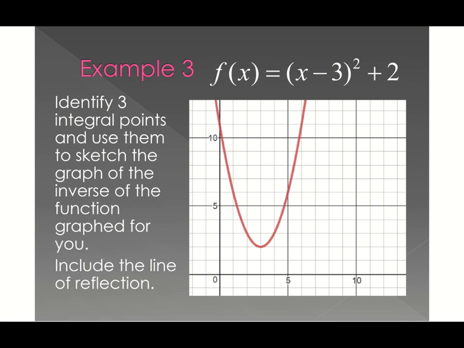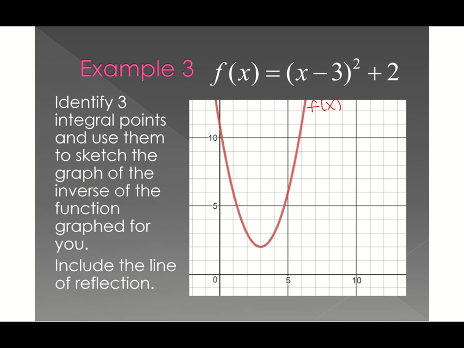And one last example of graphing, we have f of x equals (x minus 3) squared plus 2. So we can see that that's graphed here for us. We have f of x. It says identify 3 integral points, so that's just 3 points that are integers, and use them to sketch the graph of the inverse function that we have graphed for us.